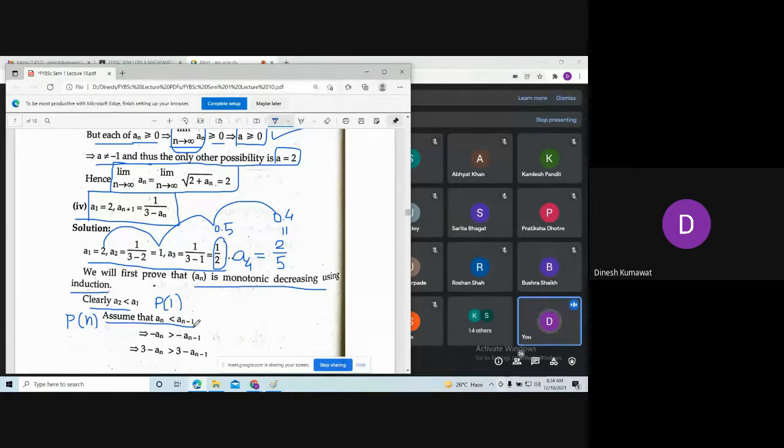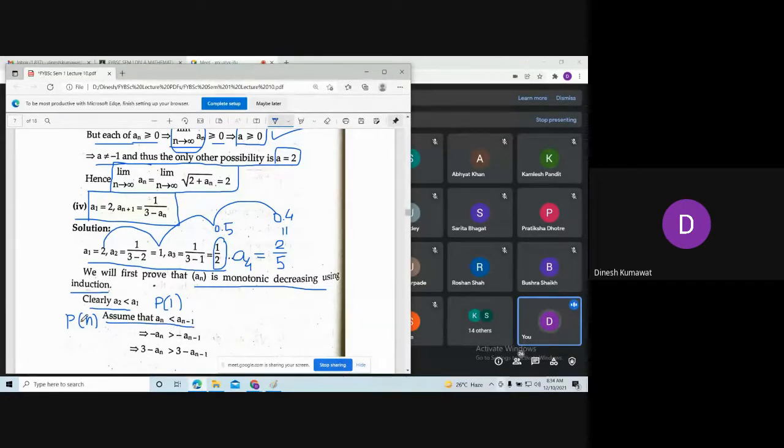Then you assume p of n is true, and you prove p of n plus 1 is true. And if you are able to do that, then you conclude that the statement is true for all n. Is it like that? Yes, sir.